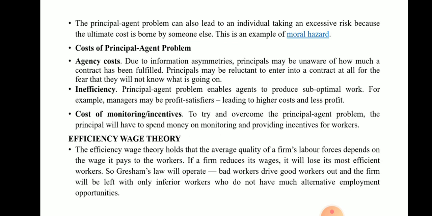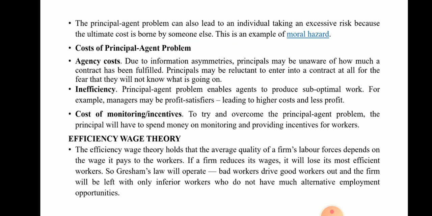Now, let us discuss the costs of the principal agent problem. See, what are the limitations or costs of principal agent problems? First one is agency costs. Due to information asymmetries, principals may be unaware of how much a contract has been fulfilled.